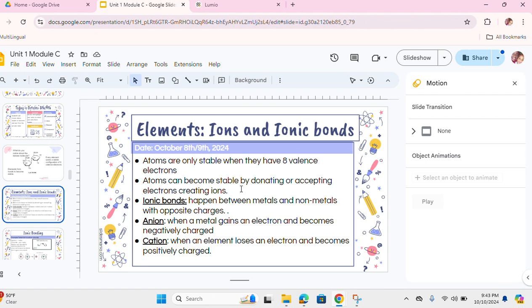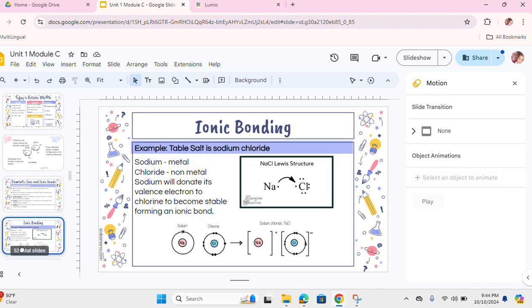So remember, the metals will donate their electrons to a nonmetal. So the metals will become cations, and the nonmetals, like oxygen, will become anions. Anions gain an electron and become negatively charged. Cations lose an electron and become positively charged.